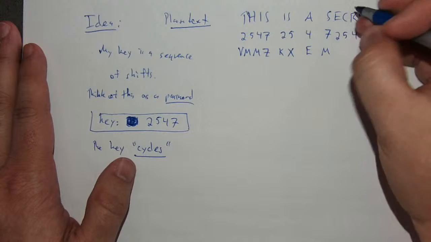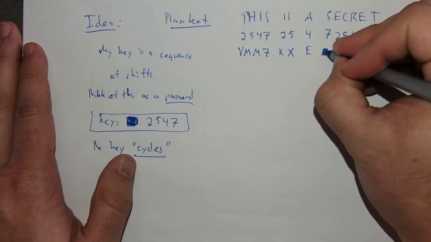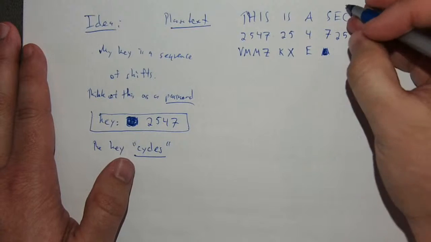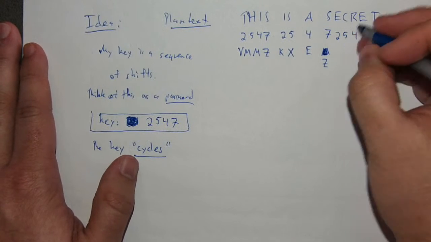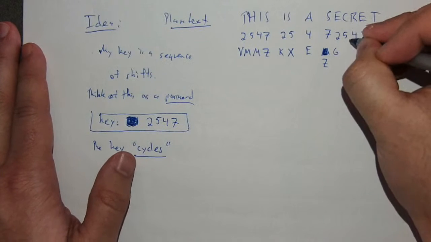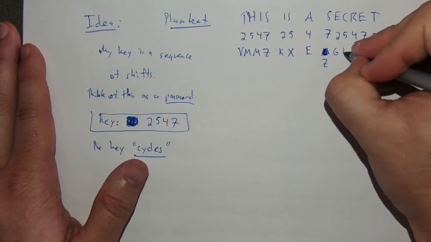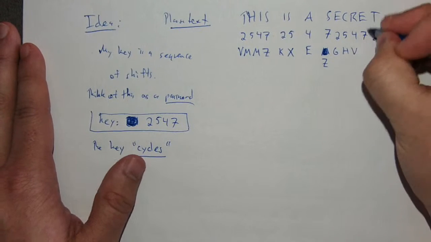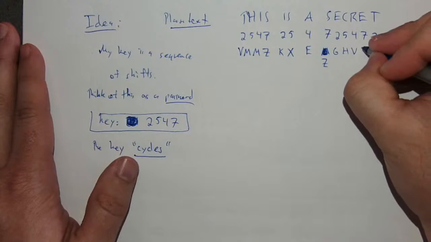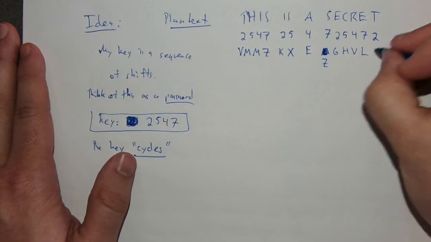It's getting shifted 7, 25. This becomes a Z. So this becomes a Z here. E gets shifted 2 to the right. That's a G. C gets shifted 5 to the right, so that's an H. R gets shifted 4 to the right, so that's a V. E gets shifted 7 to the right, that's an L. And T gets shifted 2 to the right, so that's a V.